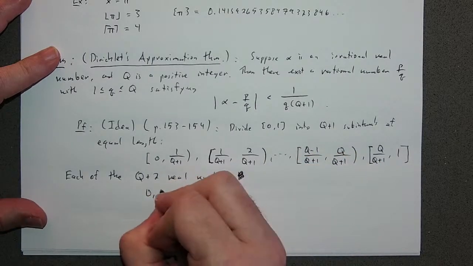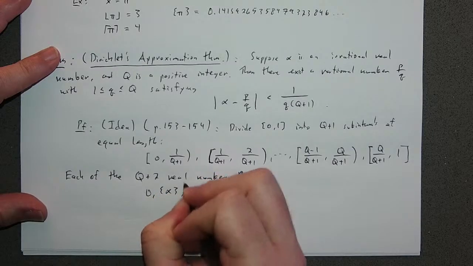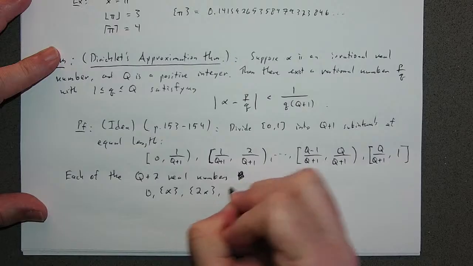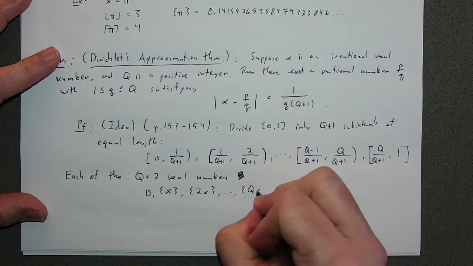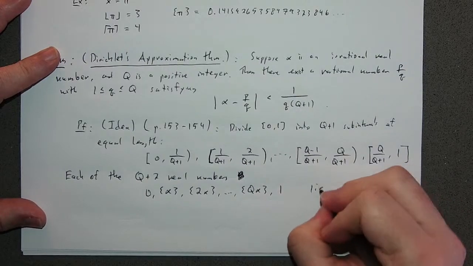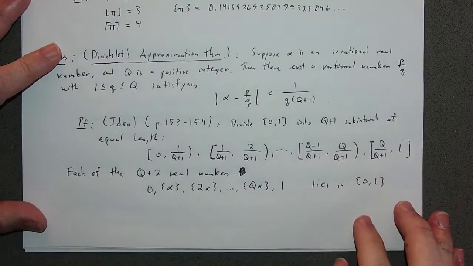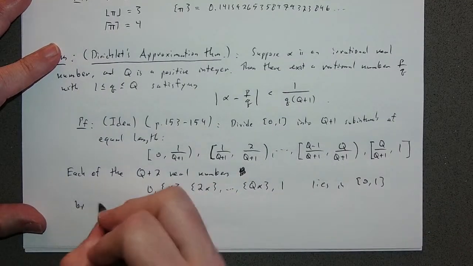So 0, the fractional part of alpha, the fractional part of 2 alpha, and so on, the fractional part of Q alpha, and 1 lie in the interval 0 to 1.